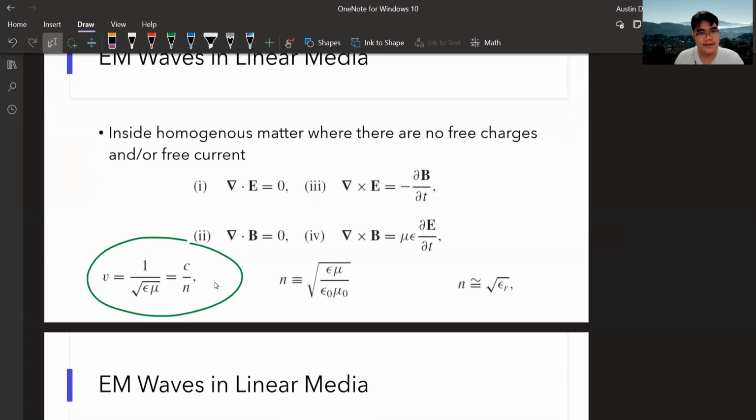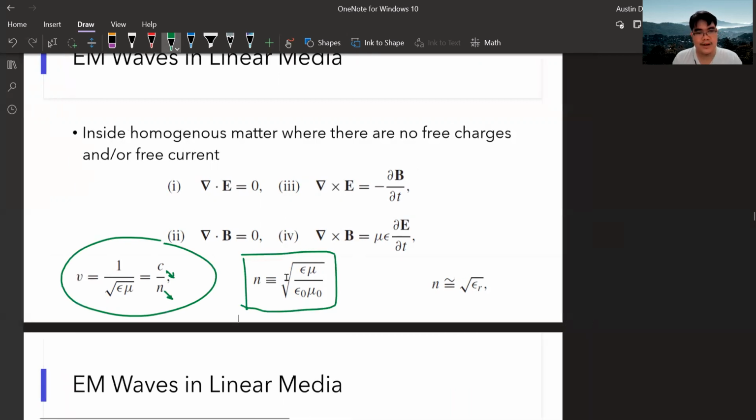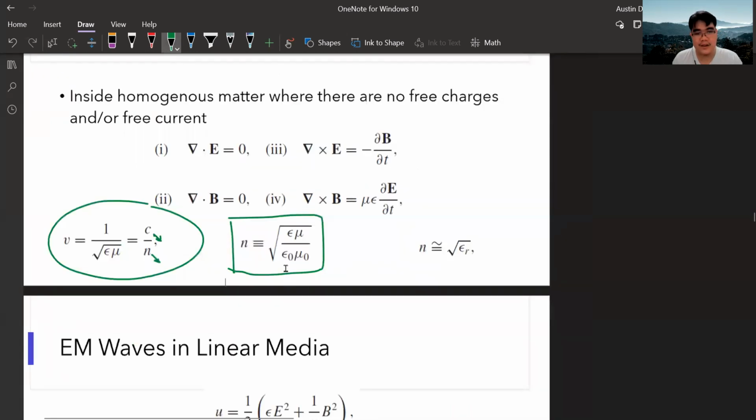Okay? And then if we're gonna write down this velocity in terms of the index of refraction, n, tapos with respect to c, which is the speed of light, then you can have this by defining n to be this. Okay? Okay, so this is your index of refraction with respect to the permittivity and permeability of the material.